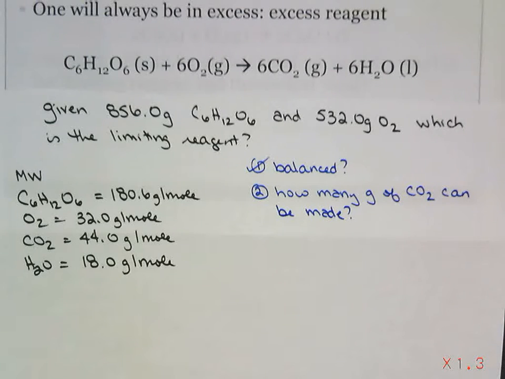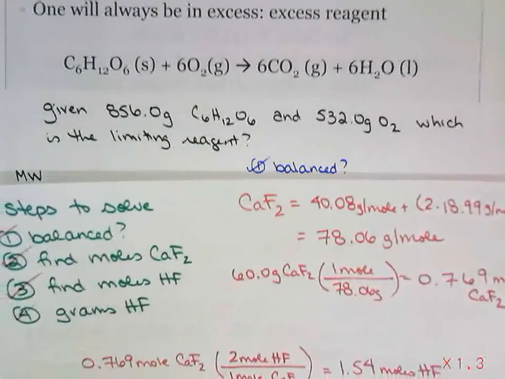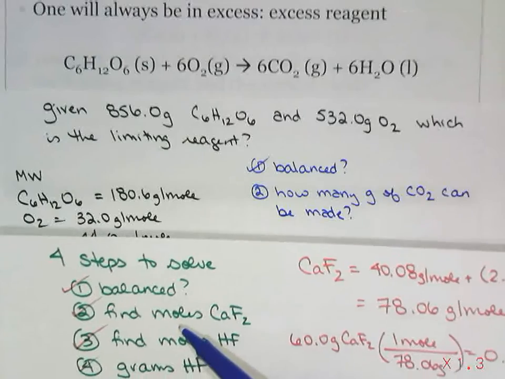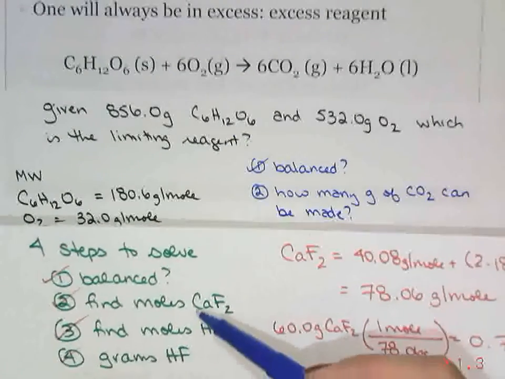So we're actually going to do the same problem twice, starting with different molar amounts. Just like we did 5 minutes ago, we're going to do the same 3 steps. We're going to find the moles of glucose, find moles of carbon dioxide, convert that to grams.